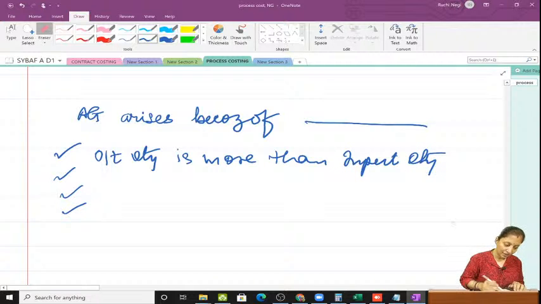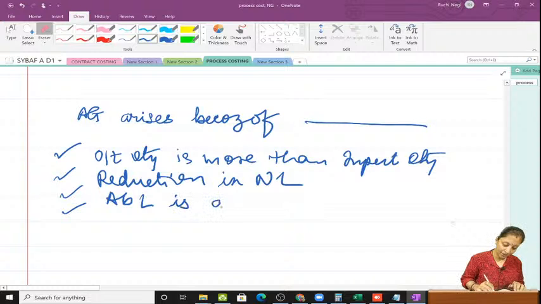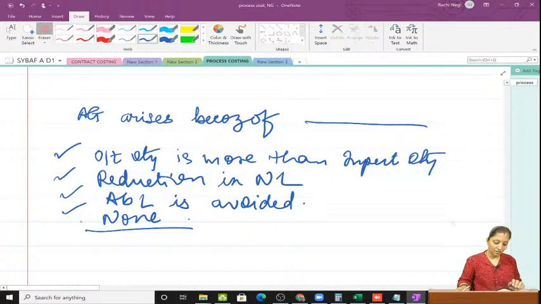Or one more reason could be reduction in normal loss. I can give you a third reason called abnormal loss is avoided, so you get abnormal gain. Or say none. So what do you think? What is the most appropriate answer?